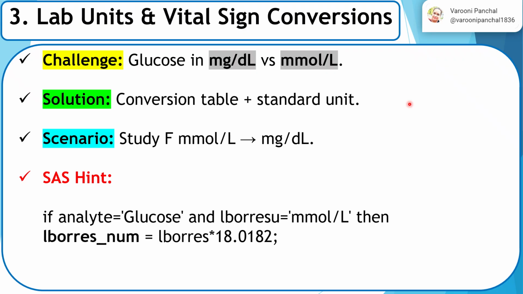If they don't do it, it goes onto the programmer's table, and the programmer has to work on it. So this piece is a very tedious and daunting job. You need to be very careful when you're working with lab units and vital signs, because one single mistake can give a different result when you're combining the 12 studies.